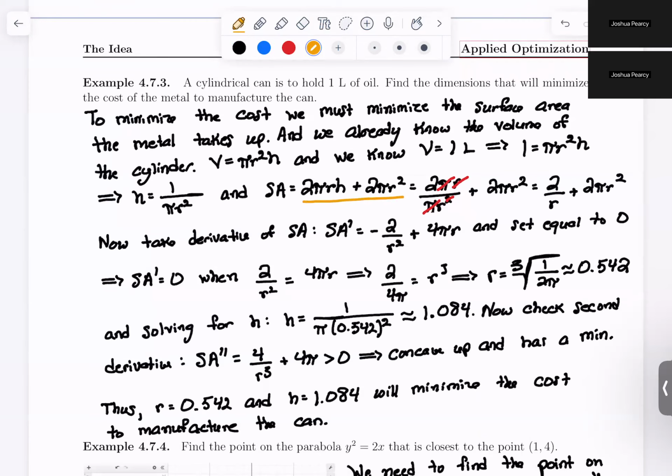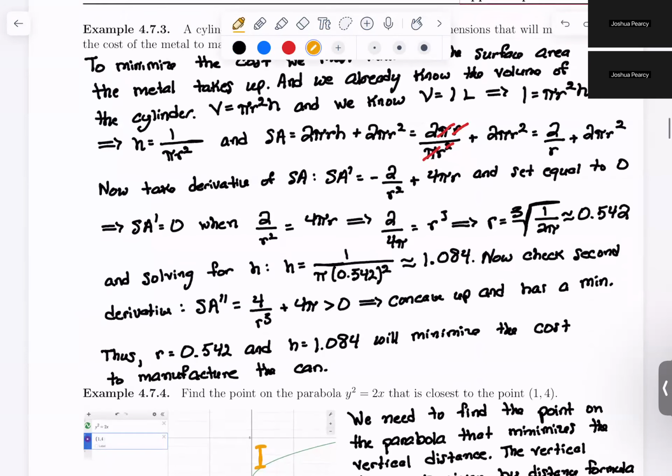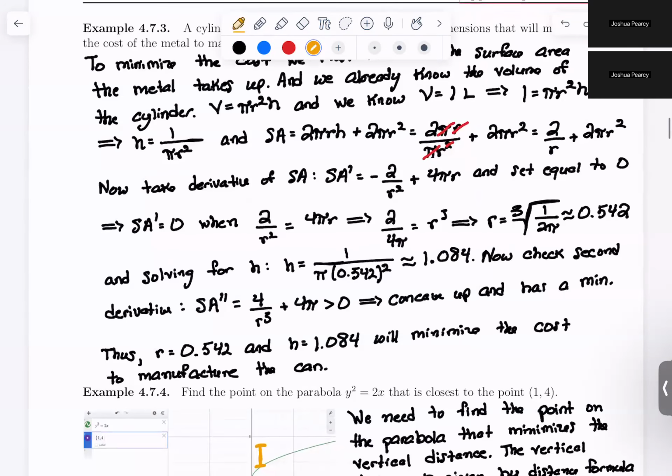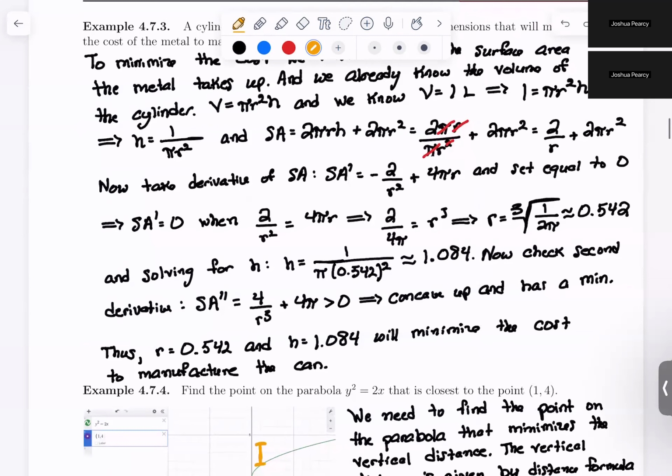But I already know what h is in terms of r, so I can plug it in for h. Then I simplified, and I end up with 2 over r plus 2 pi r squared. Now that's my equation for the surface area.